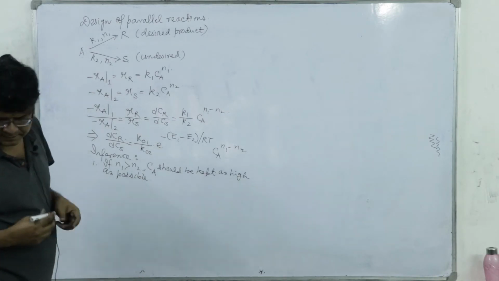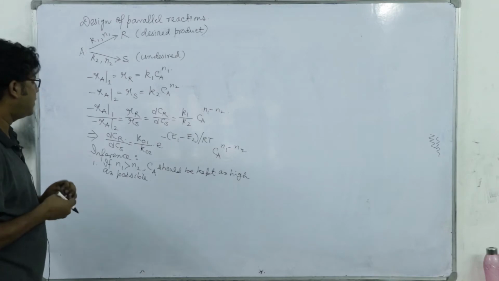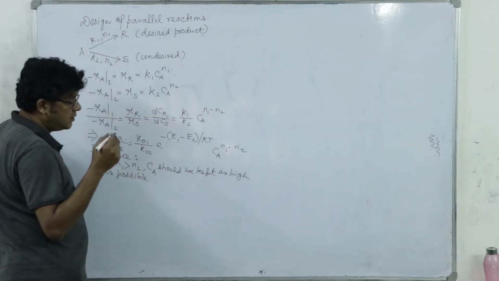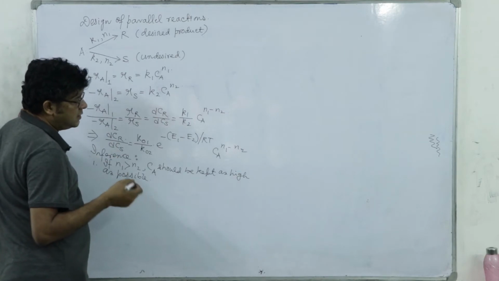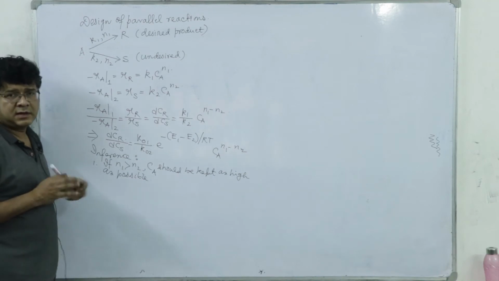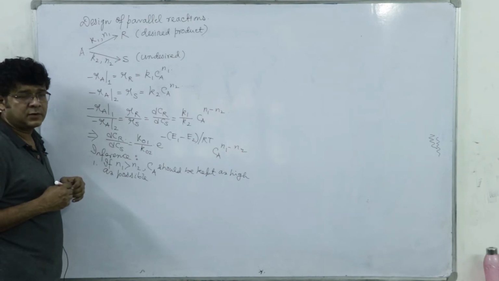For a continuous flow reactor, as we have previously discussed, we can maintain the concentration high within the scope of ideal reactors only if it is a PFR, the plug flow reactor.